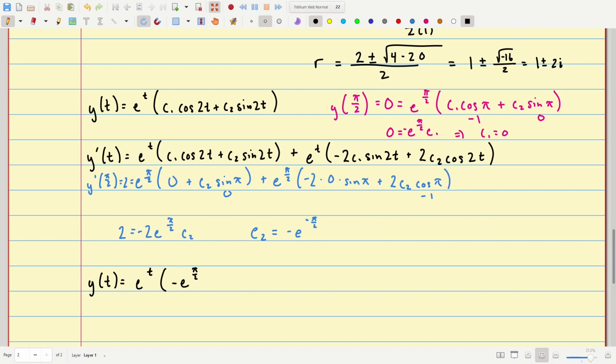So e to the t for this term here, those match. And then c2 is negative e to the pi halves sine 2t. And if we want to get cute and simplify those exponentials, we can rewrite the answer like so. All right.